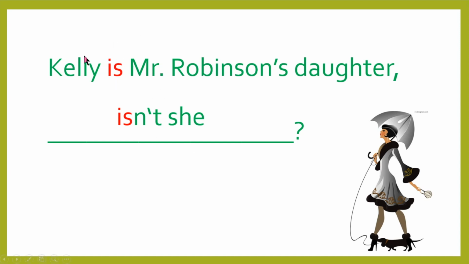So here we use the be verb is. And the subject in the main sentence needs to match the pronoun in the tag question. So here we use the pronoun she to replace Kelly. And if the main part of the sentence is positive, then the tag question is negative.